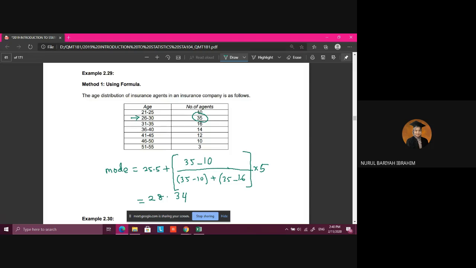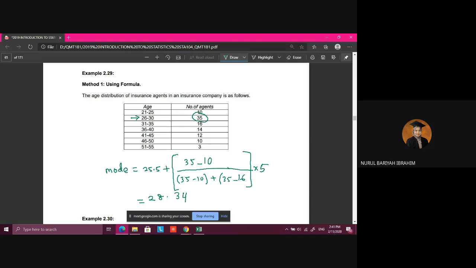So the mode, tengok kat sini, the variable-nya adalah age. Okay, so age, so kita punya mode berada di sini, so it is 28.34.